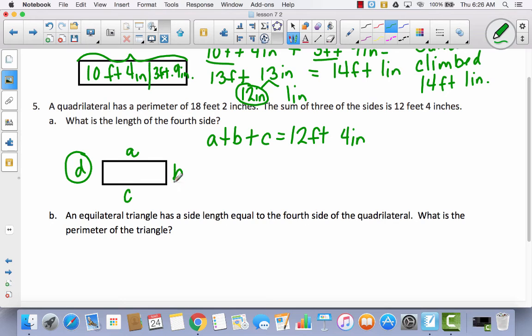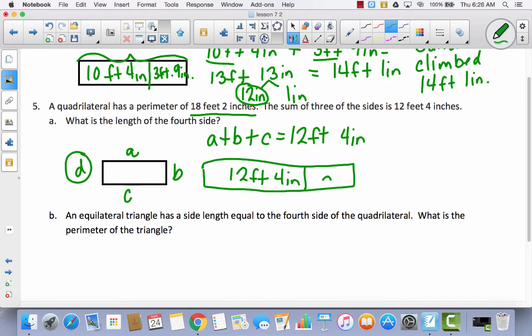Now I know that all of these together equal 18 feet and 2 inches. So that would kind of look like this kind of a tape diagram, okay? I would have A, B, C, and D equal 12 feet, 4 inches. I'm trying to figure out D, and I know that the total is 18 feet, 2 inches.